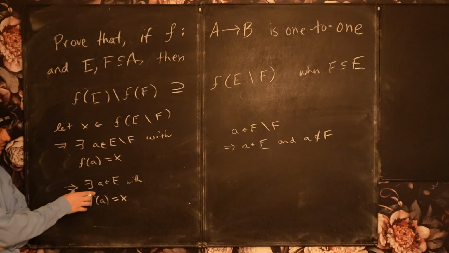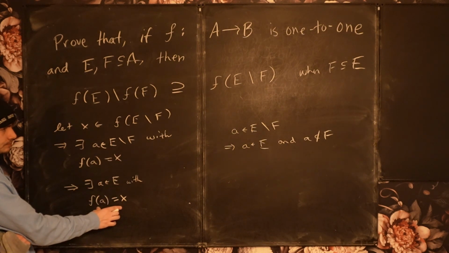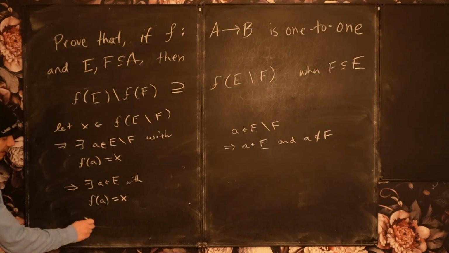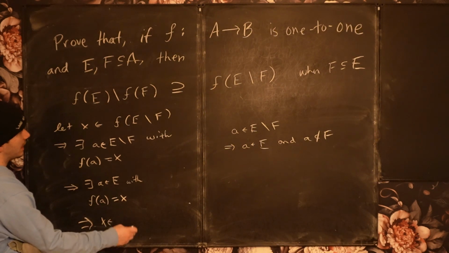So we're almost there. A is in E minus F, so A certainly belongs to E, and therefore we know off the bat that x belongs to f of E.